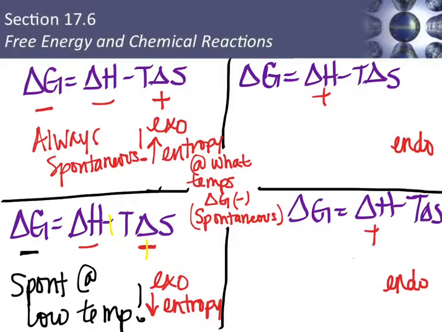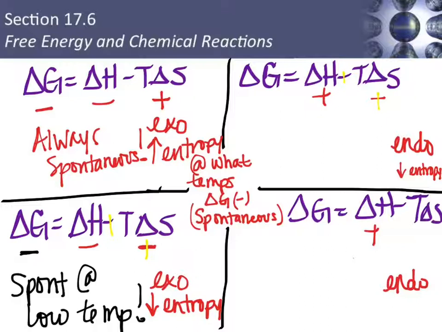All right, now if we take our endothermic reaction and we decrease the entropy, so entropy has got to be negative, then at what point can G be positive?